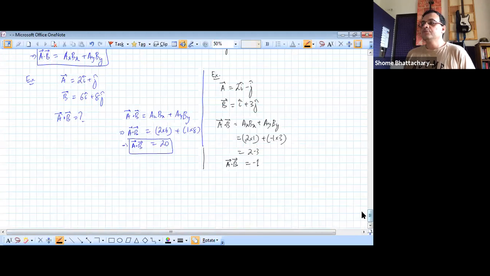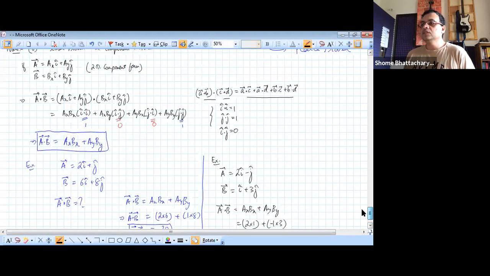Okay. So this is the formula which we have derived using the distributive property of dot product. And once we've derived the formula, we don't need to write it this way anyway. Every time you're doing a question, you just directly apply this formula. If it's a 2D component, you directly write this formula, Ax Bx plus Ay By.